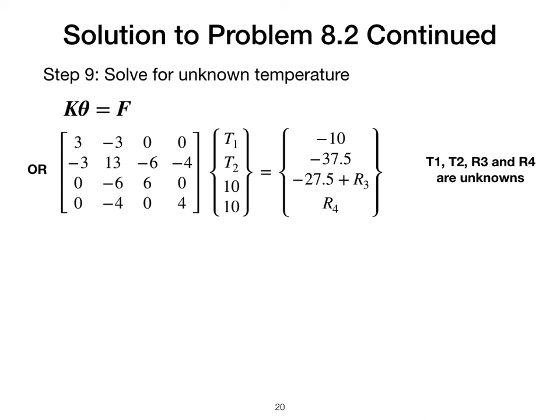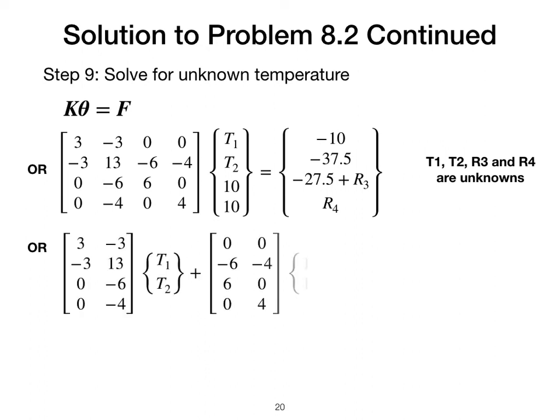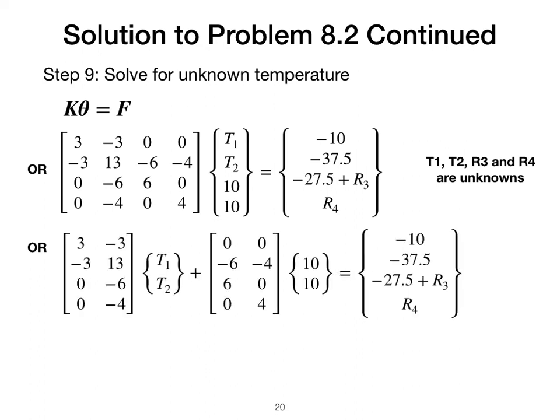So that we can calculate T1 and T2 first, we can rearrange the equation as given here. We write the first two columns of the stiffness matrix multiplied by a vector containing T1 and T2 plus the last two columns of the stiffness matrix multiplied by the last two rows of the temperature vector, which is equal to the original force vector.